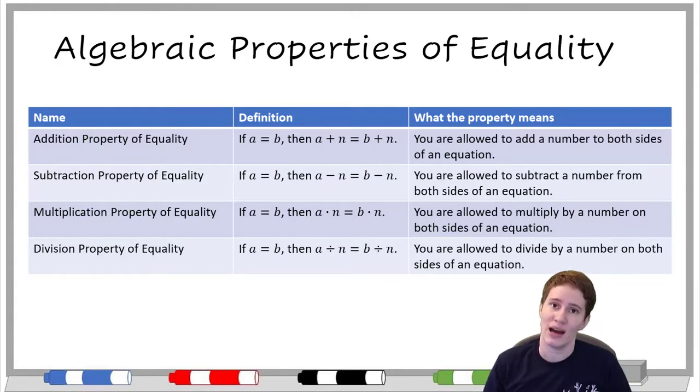And so what we have are some really great algebraic properties of equality that we can use to help us figure out how to solve an equation. And they're all very similar. Since you're in Algebra 1, I'm assuming this slide may look intimidating, especially the middle where we've got a whole bunch of letters and no numbers.